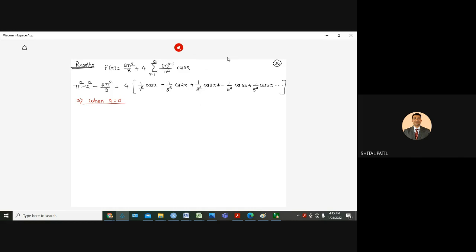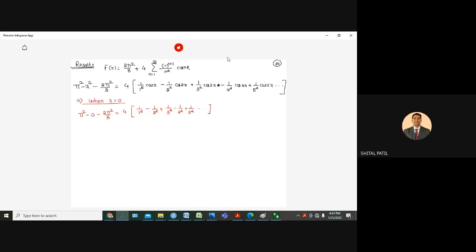Substitute x equal to 0, students, see what result we are getting. Pi square by 3. Cos of 0 is 1, so 1 upon 1 square, 1 upon 2 square, and so on. Pi square by 12.